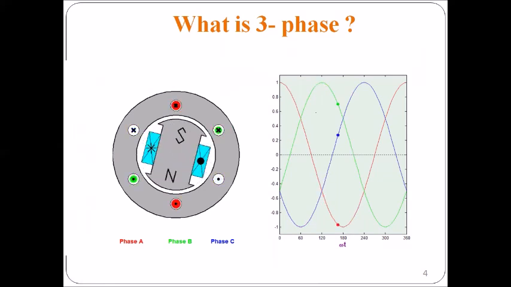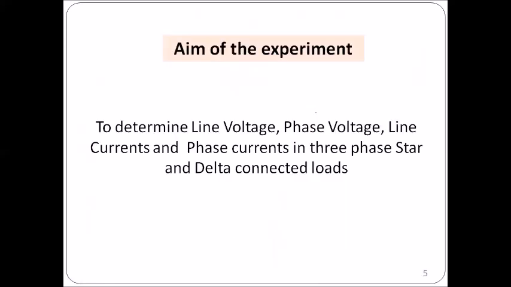Now let us look into the circuit aspects along with the aim of the experiment. The aim of this experiment is to determine line voltages, phase voltages, line currents and phase currents in three phase star and delta connected loads.